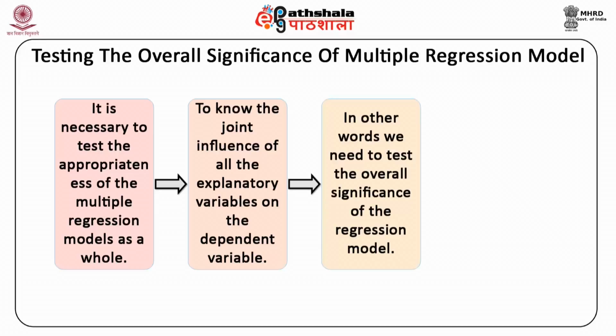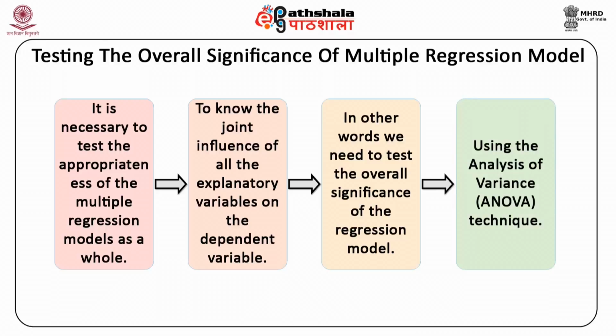In other words, we need to test the overall significance of the regression model. This can be done by using the analysis of variance or ANOVA technique. It tests whether the dependent variable is linearly related to all the explanatory variables.